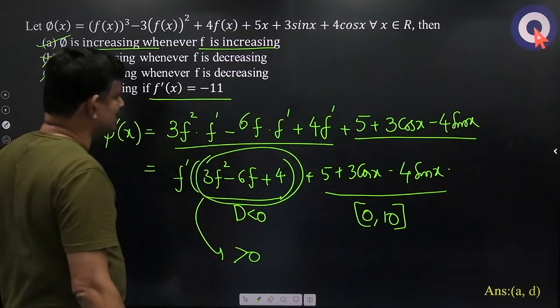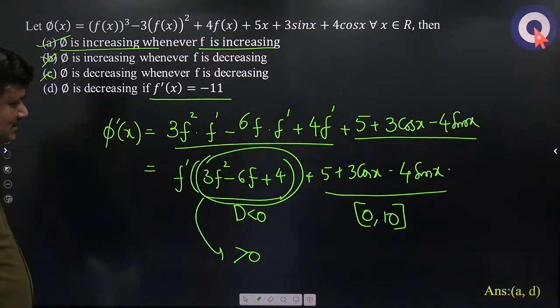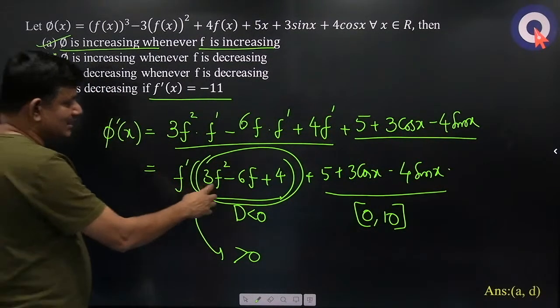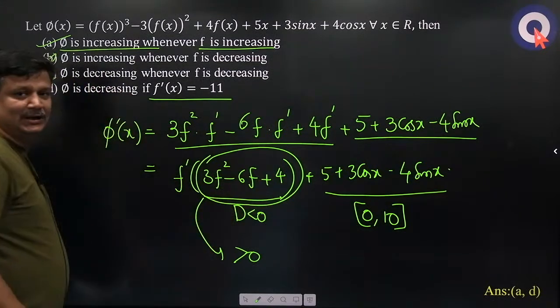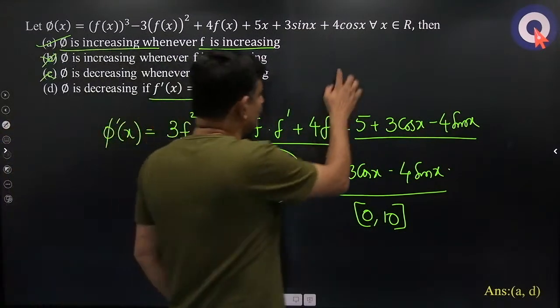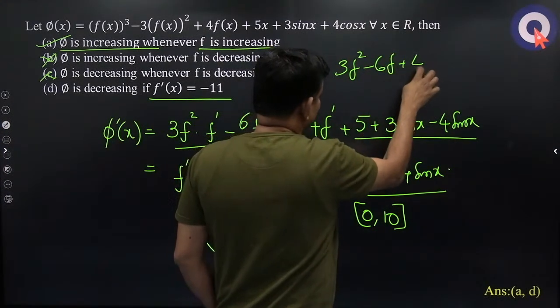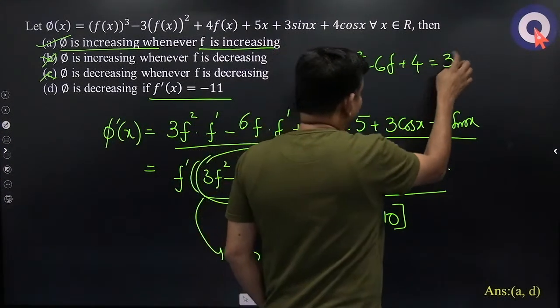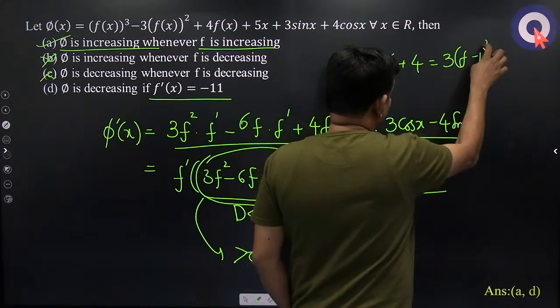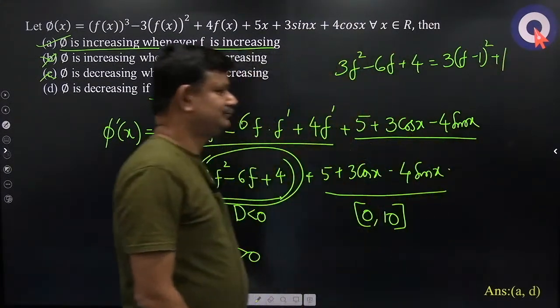If f dash x is minus 11, now what is the range of this quadratic? 3f square minus 6f plus 4 is nothing but 3 into f minus 1 whole square plus 1. Yes or no?